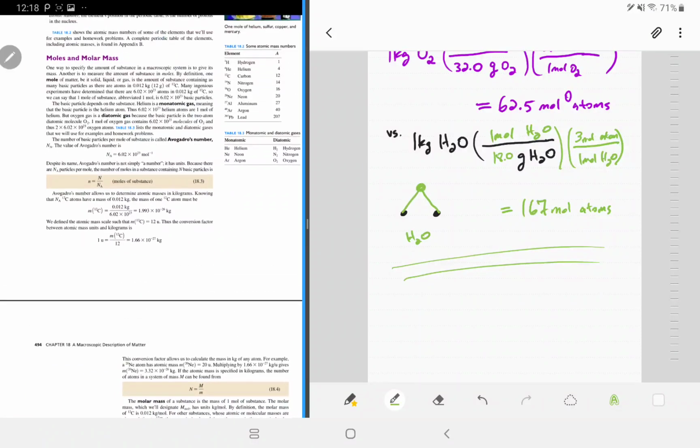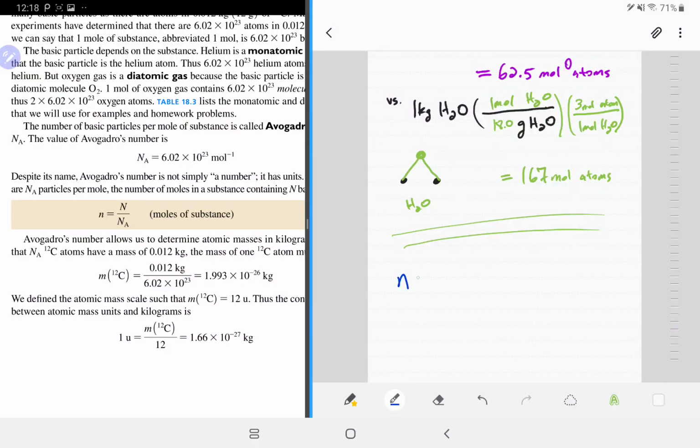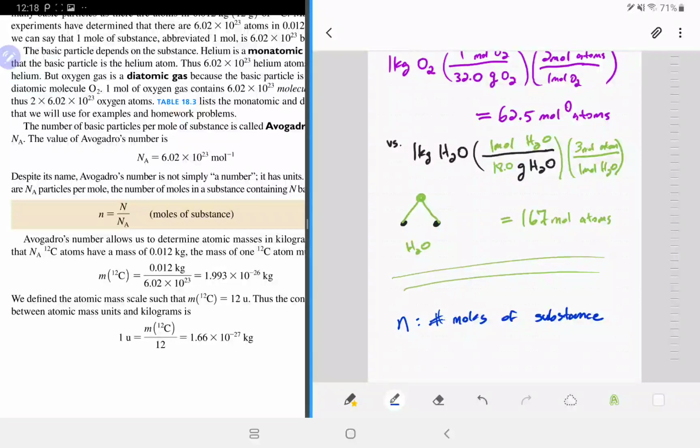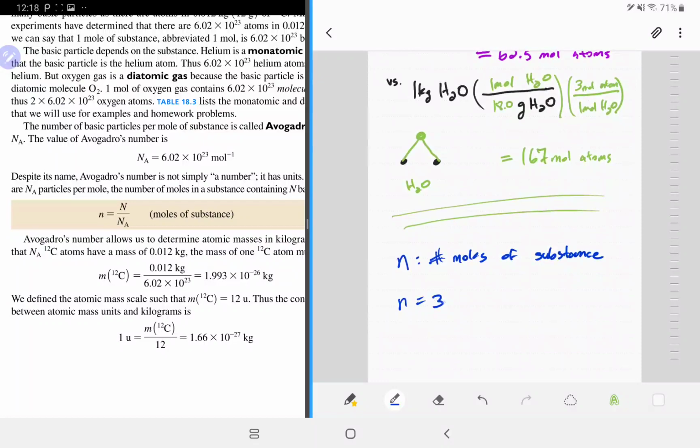So this number, Avogadro's number, your book calls N_A. And one important thing here is that we're going to use the symbol n for the number of moles of substance. So from the example problem, 62.5 moles of O atoms. So I might say that n is equal to 31.25 moles of O2 molecules.